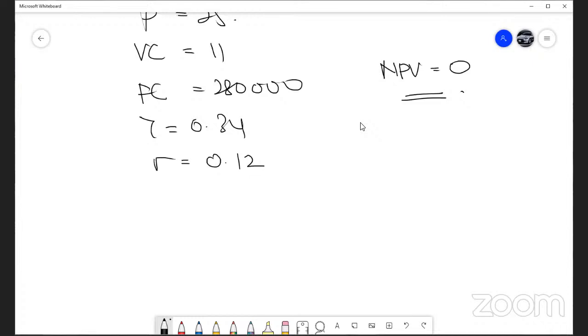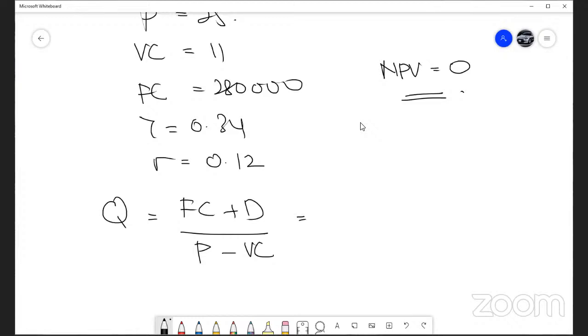So what you need to do now, this formula which we used just now, Q equals FC plus D divided by price minus VC, is being made much more complicated.